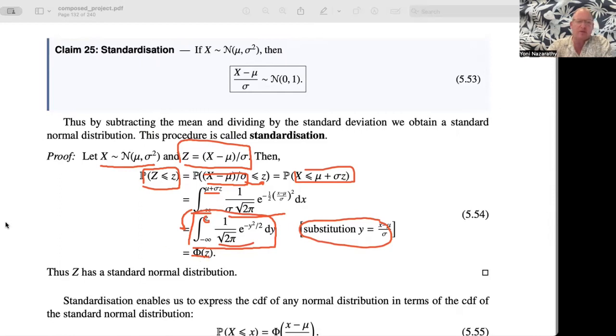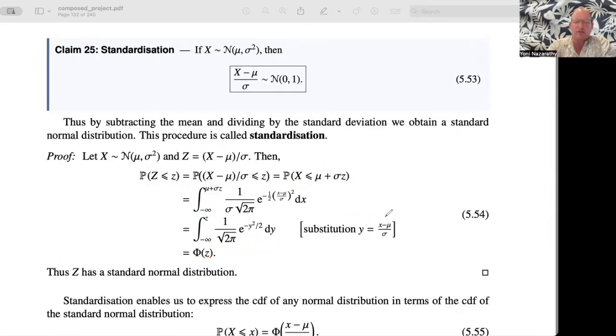So this change of variables, y equals (x minus mu) over sigma, in this integral converts us from a CDF of the random variable X at the point mu plus sigma z to the standard normal CDF.